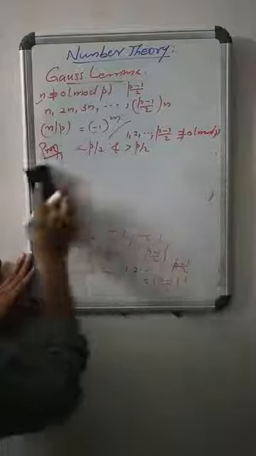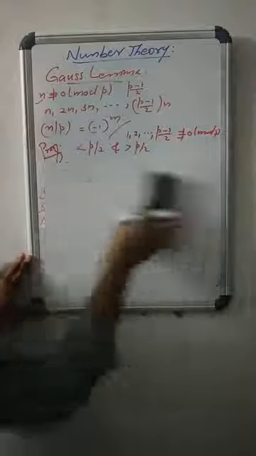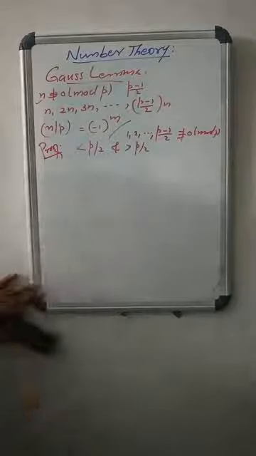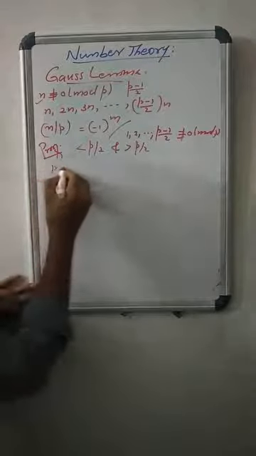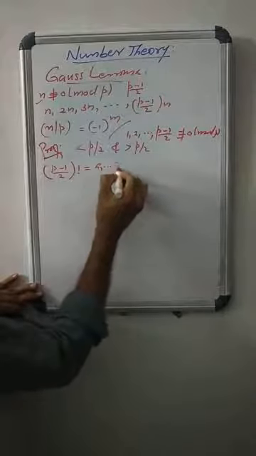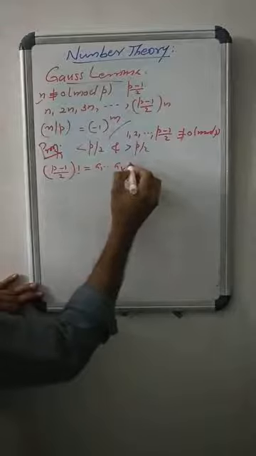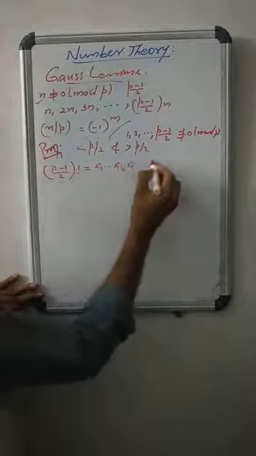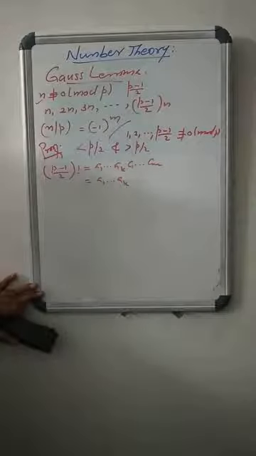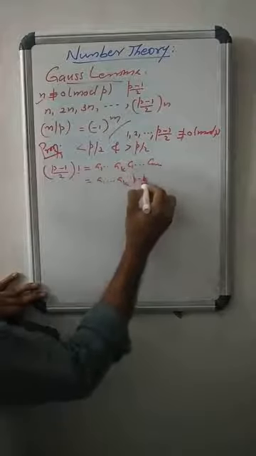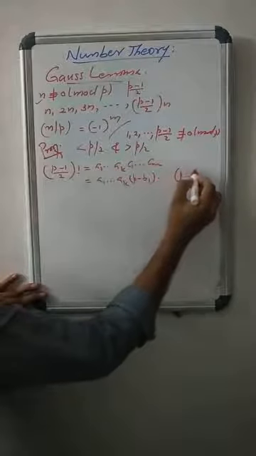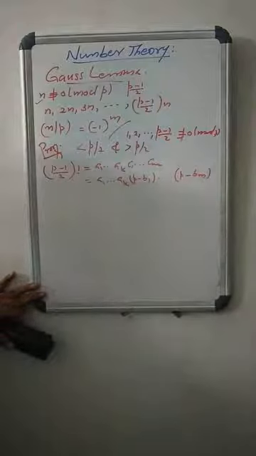Now consider that one. 1, 2, 3 etc. up to P minus 1 by 2 means P minus 1 by 2 factorial equals A1 etc. AK into C1 etc. Cm. That is A1 etc. AK into, what is C1? C1 means P minus B1, Cj is P minus Bj etc. P minus Bm. Okay.